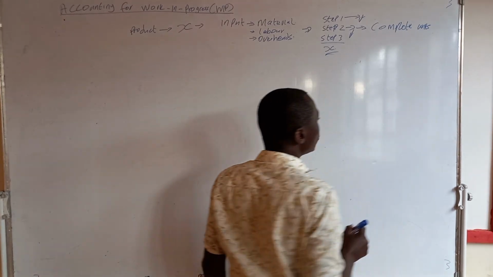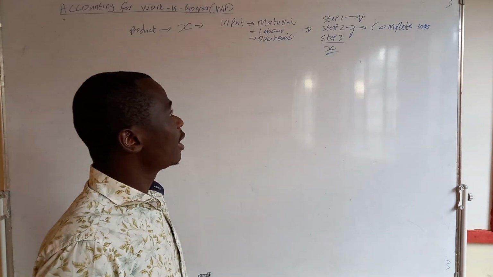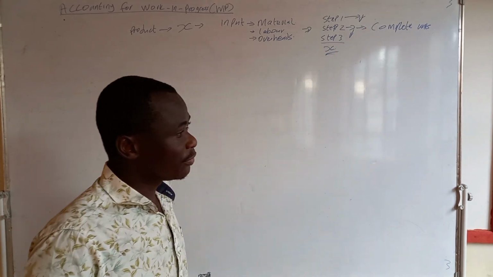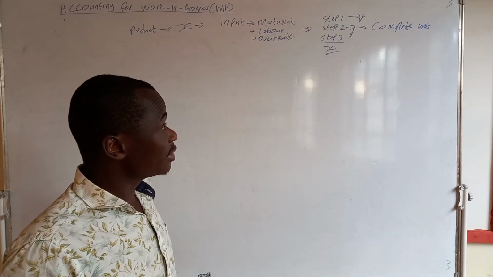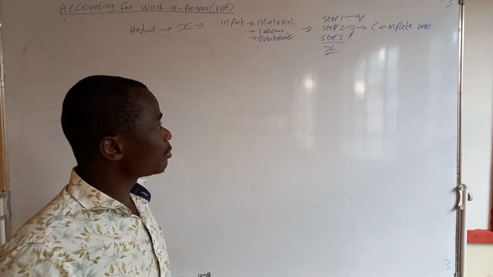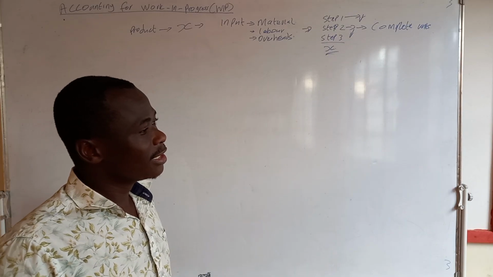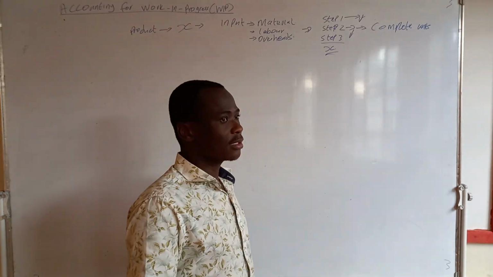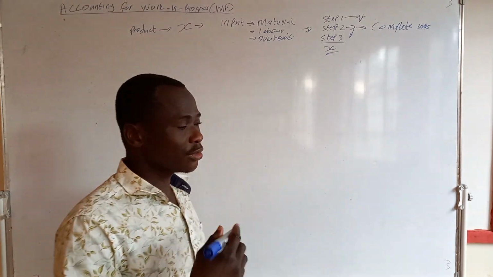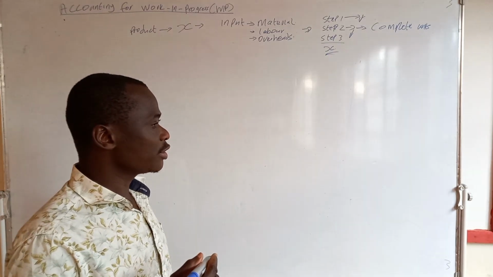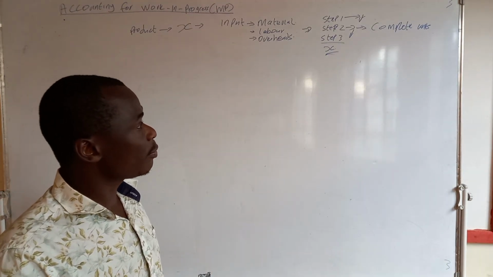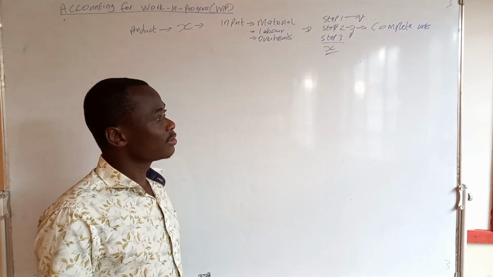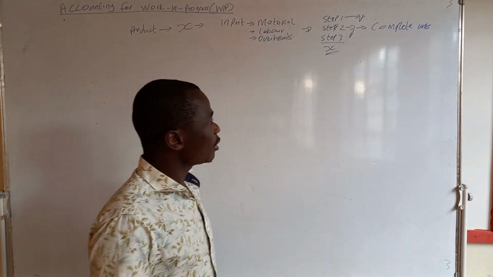There will be some fully complete units that are ready to be taken to step 3. But in the process, you are accounting for step 2. You are noticing that because the production is continuous, there is no point at which there will be a stoppage for accounting to take place. So there is that continuous production.